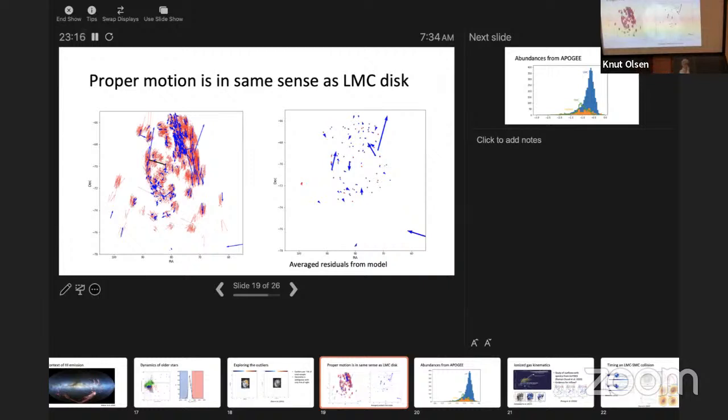And so what we think is happening is that this population of outliers is actually co-rotating with the main LMC disk, but is tilted at an angle something like 35 or 40 degrees, so that it's spinning in the same disk but has the opposite sort of sense of the geometry, roughly speaking.